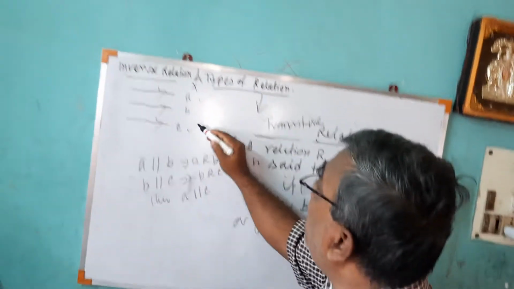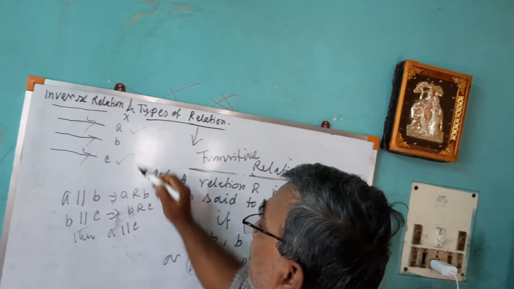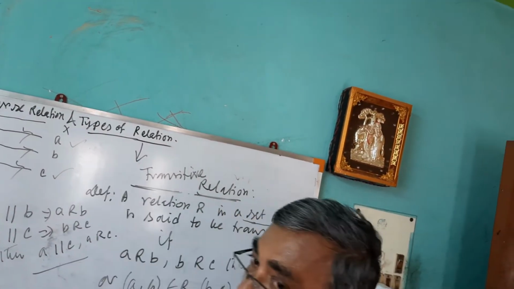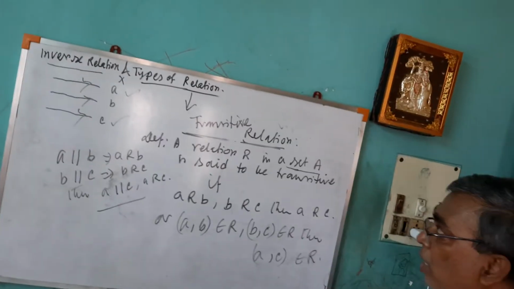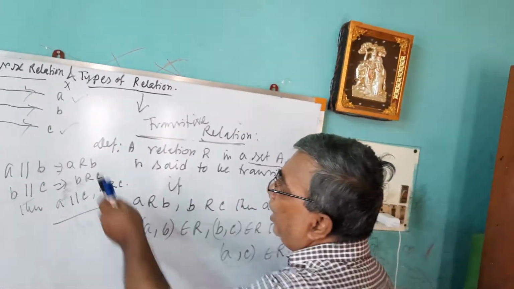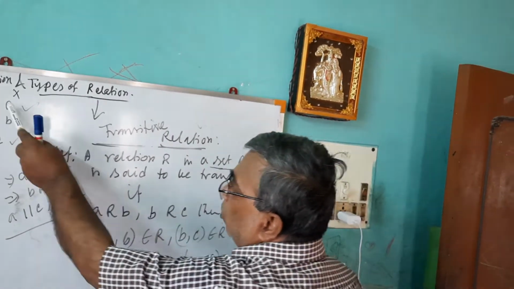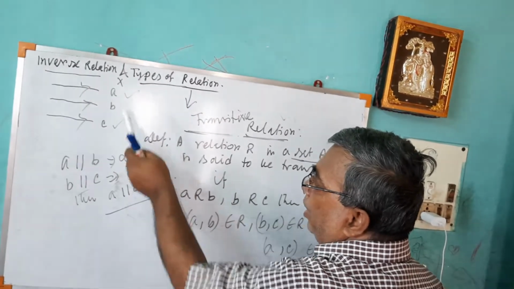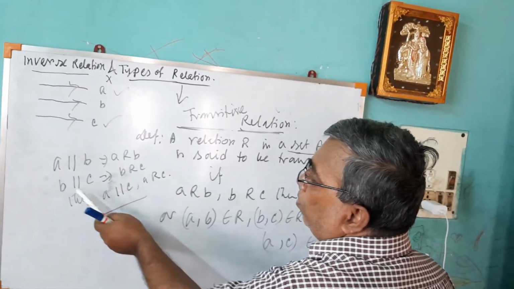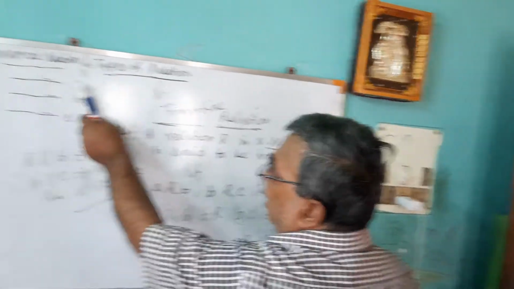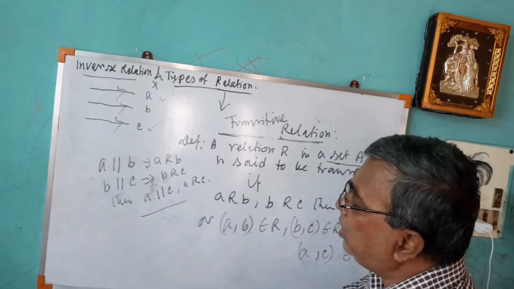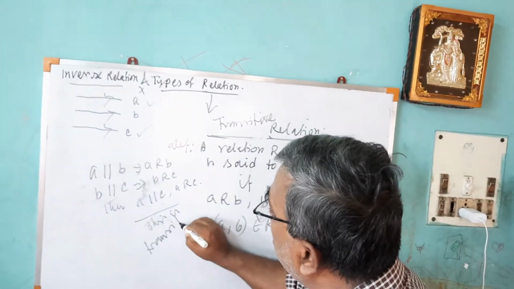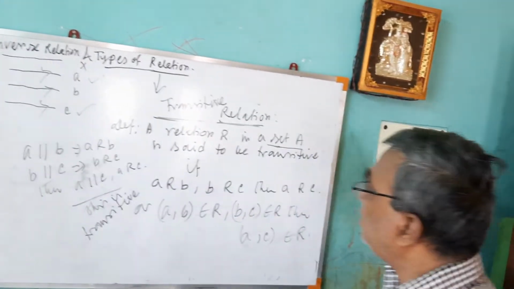See the figure, see the diagram. a is parallel to c, so a relation c. This is known as transitive. I think everybody understood the transitive relation very nicely. Once again, a, b, c are three parallel lines. a is parallel to b, b is parallel to c, so a is parallel to c. This is a transitive relation.